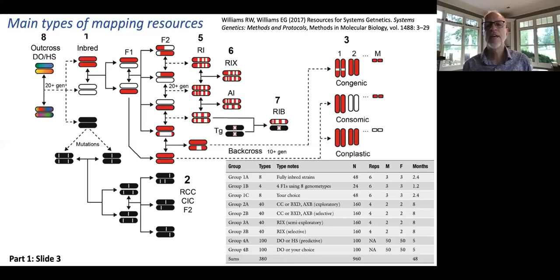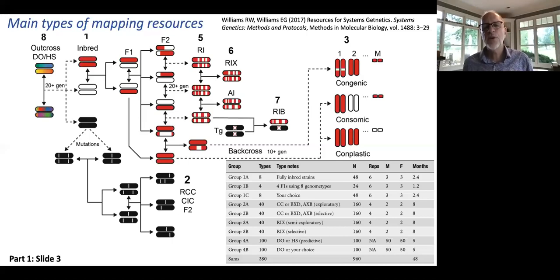For example, initially testing fully inbred strains just to understand your phenotype, make sure you can control batch effect. Then testing a few F1s to see what the dominance deviations look like. Then sort of a bonus of 48, where you could either add more inbred strains or more F1s or even backcrosses.